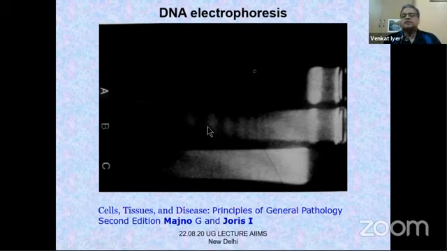So all the fragments are multiples, which gives rise to this ladder pattern, and this is the human genome without cleavage. So all of them are large DNA which do not migrate on electrophoresis.